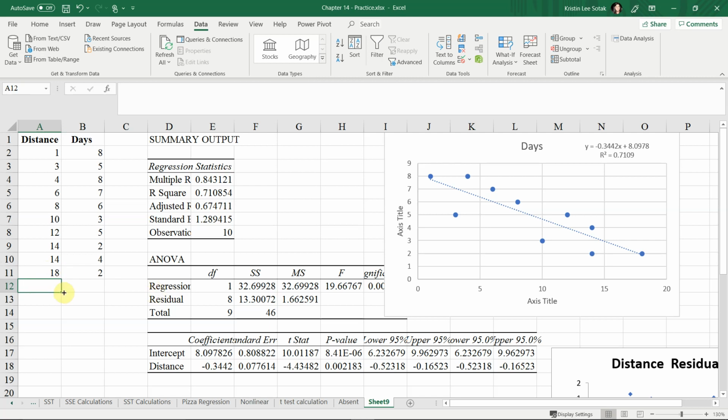If you plugged in 24 for x, technically you would still get a predicted value of y, but we really wouldn't be confident in it because we don't have data on it. Maybe once you live 20 miles away, something different causes the relationship between x and y to change. So you've got to be careful with extrapolation. Just try to use x values within the range of data that you have.